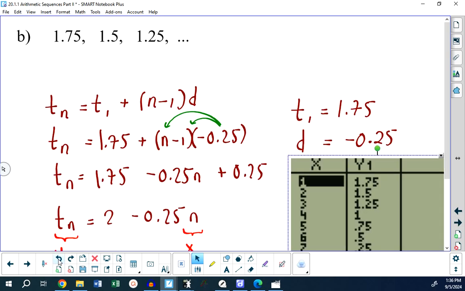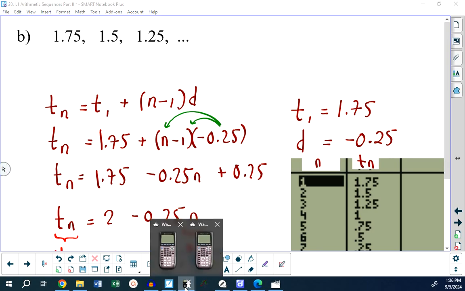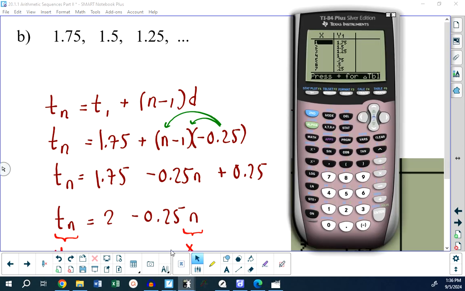Must have deleted the page. Yeah. This table is that. Which means, you know what, everybody, if we want to find the 40th term and we just don't feel like doing much work, we can scroll down and get the 40th term.